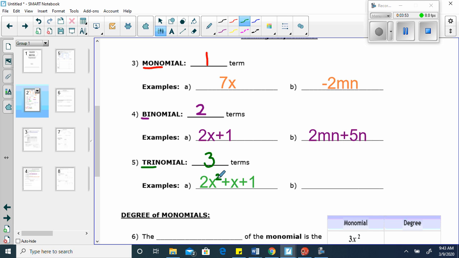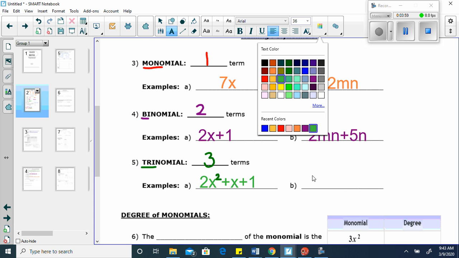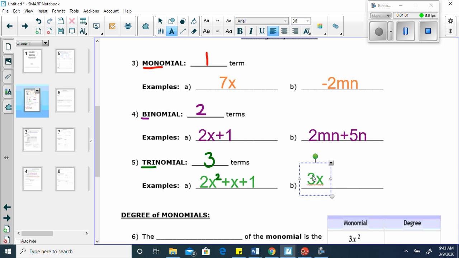Good, so there's a squared here. Another example is 3xy plus 4y plus 7x. This has 3 different terms, so it is a trinomial. Questions on this?